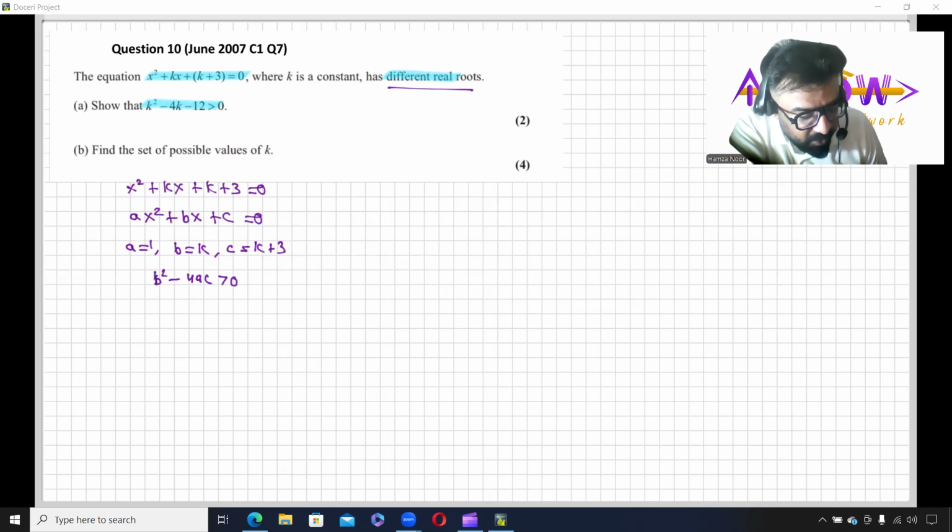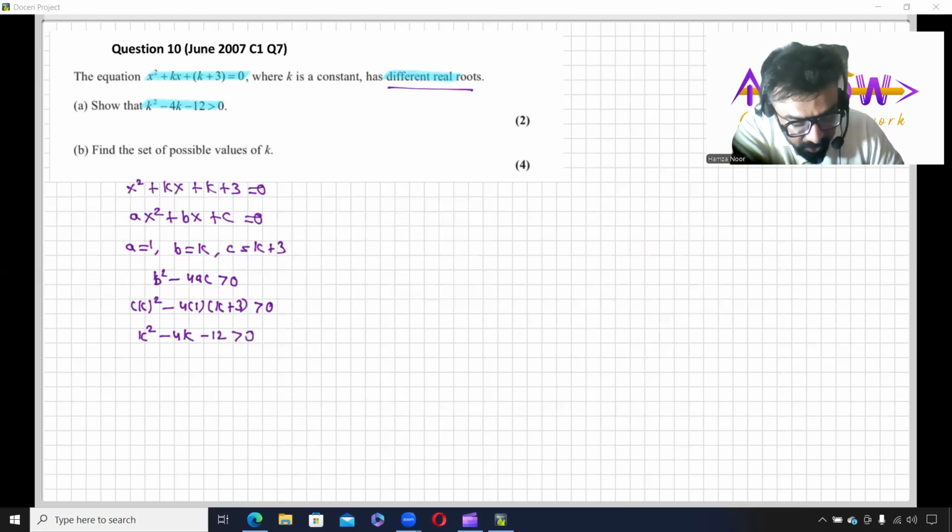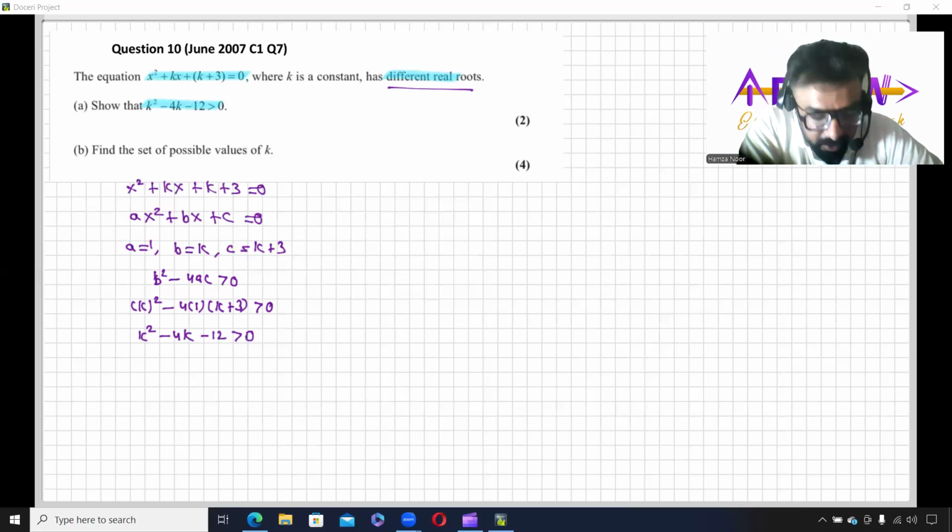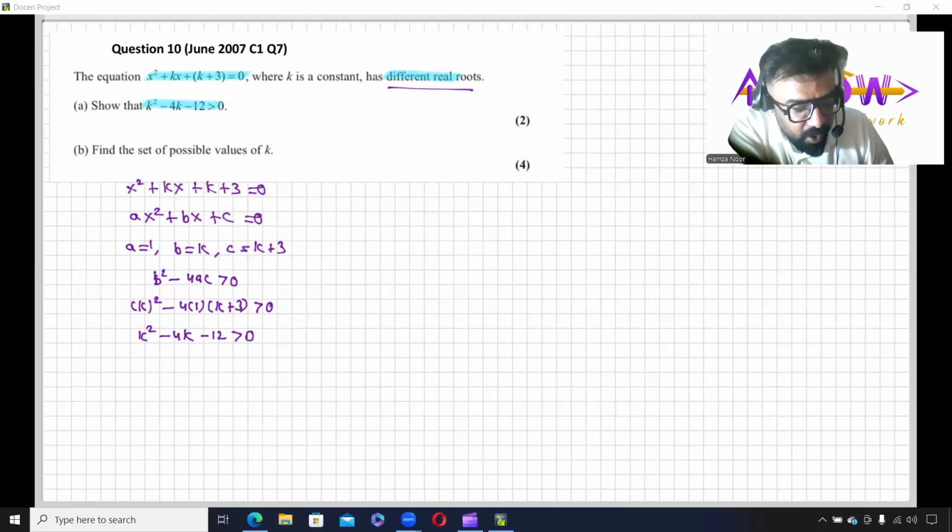Therefore, we can say that k squared minus 4 times 1 times k plus 3 is greater than 0, meaning k squared minus 4k minus 12 is greater than 0. Here we have shown an inequality in terms of k. So that was the requirement of part A.